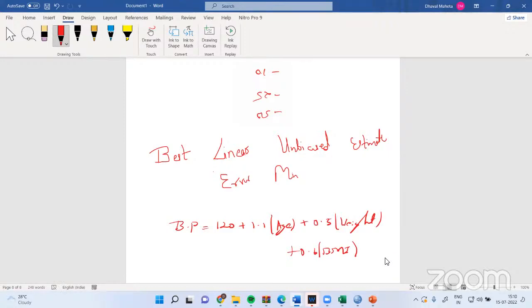Which two variables are correlated? Age and weight. Weight and BMI. So when there is a high correlation between two variables, it will create a problem.